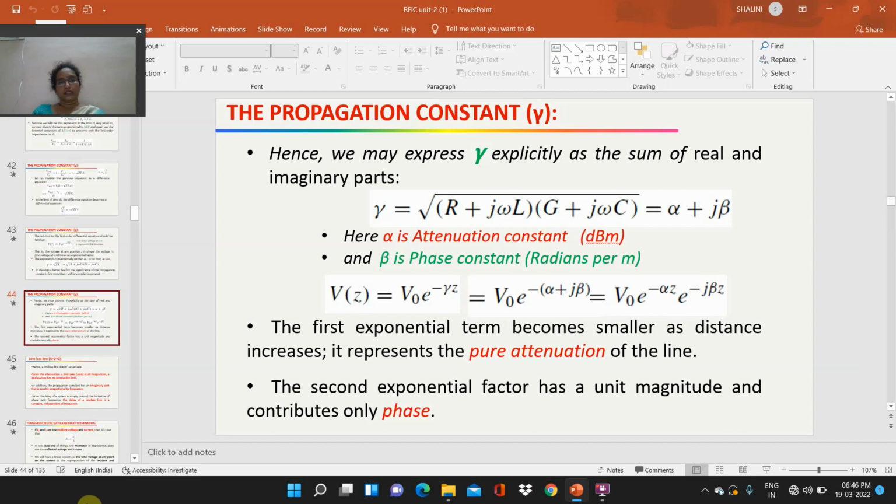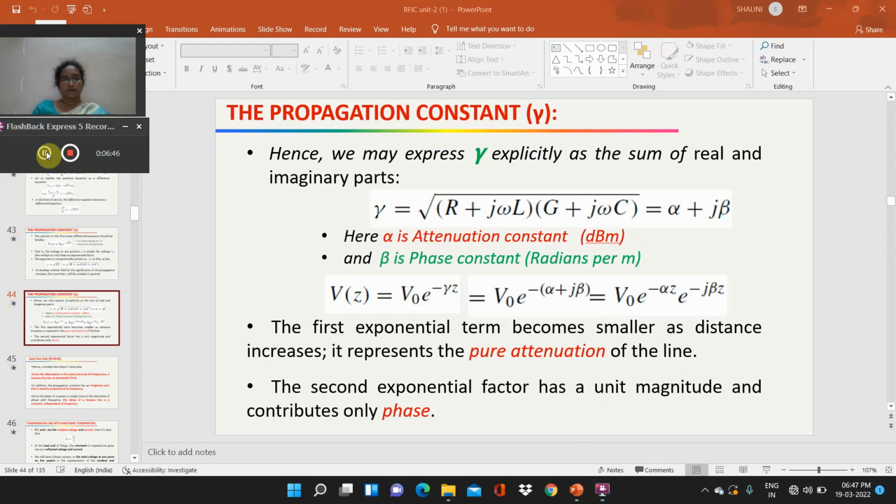Here, alpha is the attenuation constant and beta is the phase constant.